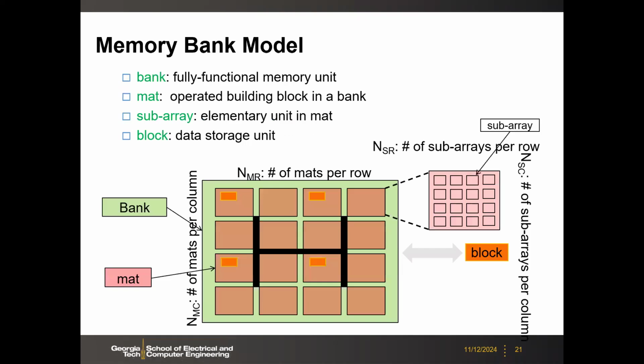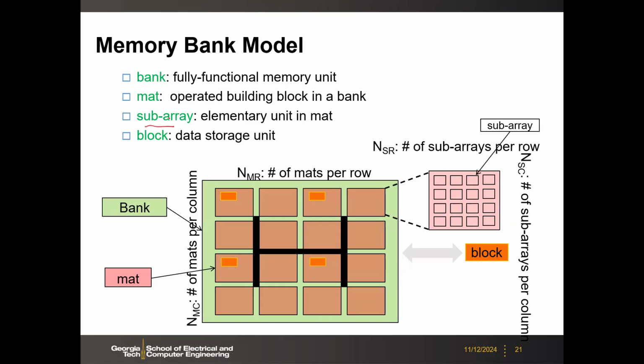So basically, if you look at how we organize the memory into the bank, then we could have several levels of the hierarchy, right? So here we could have the subarray, which is usually the smallest unit array that you do not have, let's say, partition of the word lengths and bit lengths.